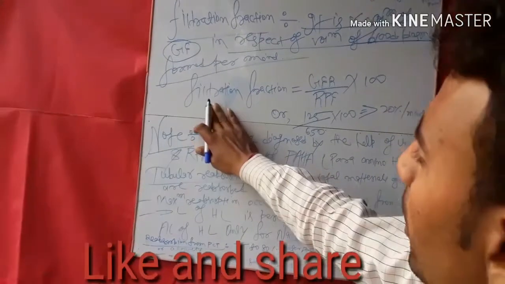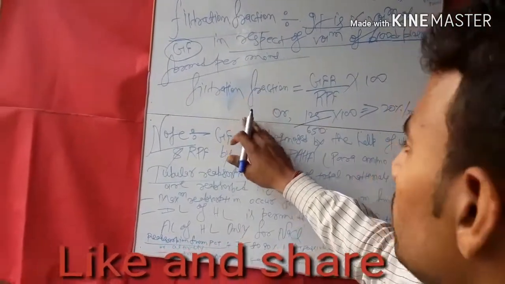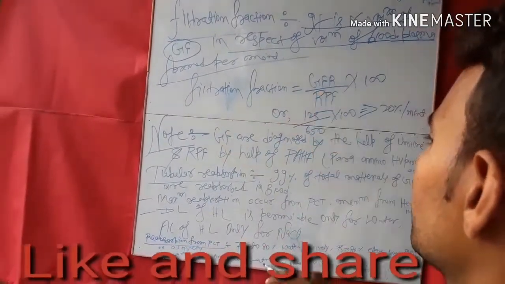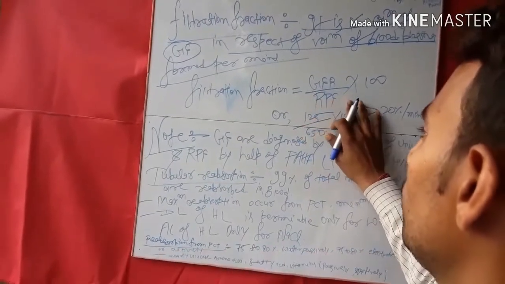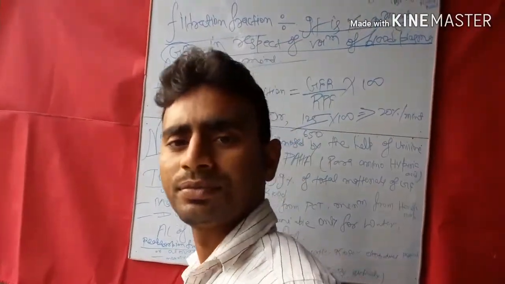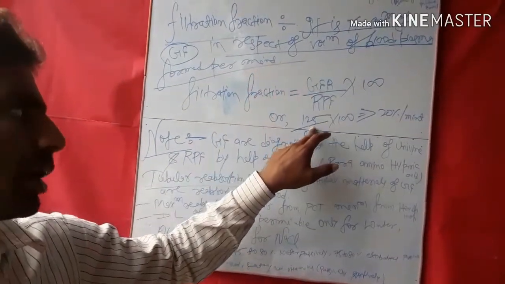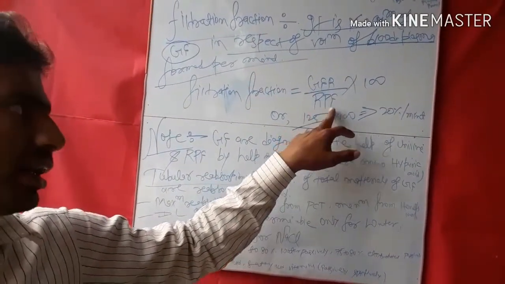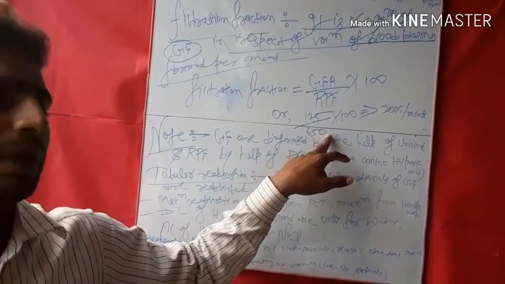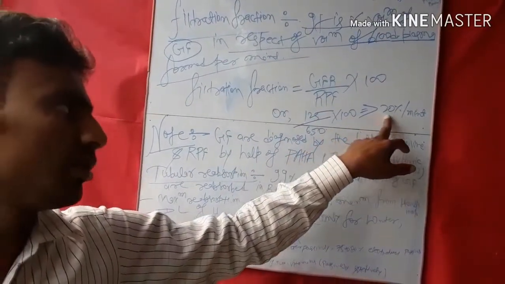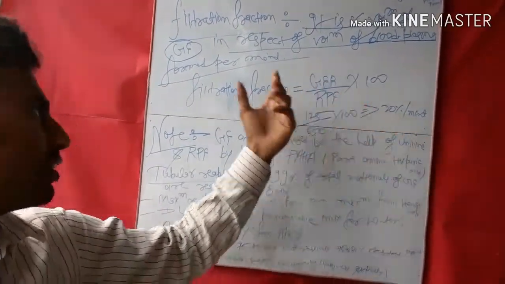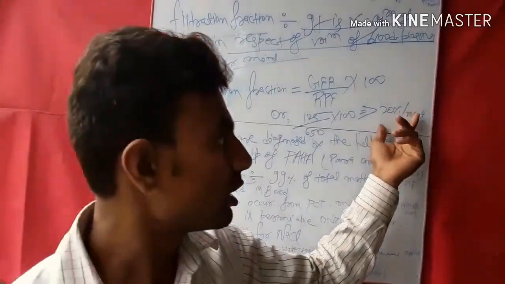How will you get the filtration fraction? By glomerular filtration rate divided by renal plasma flow, times 100. The glomerular filtration rate is 125, the renal plasma flow is 650 milliliter, times 100, and you will get 20% per minute; that is the filtration fraction. So what is the 20%?